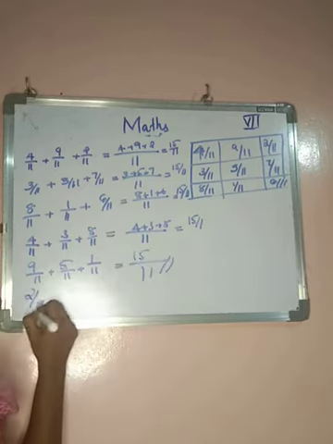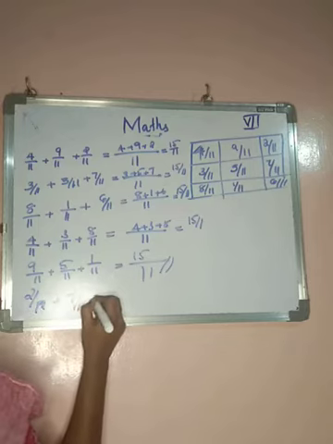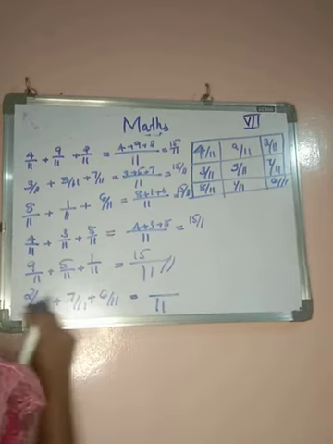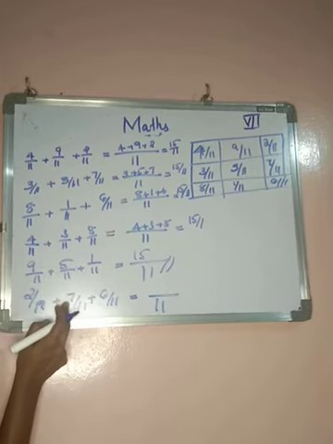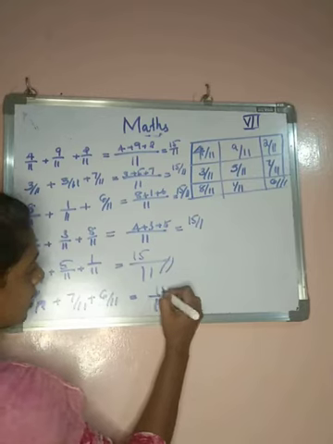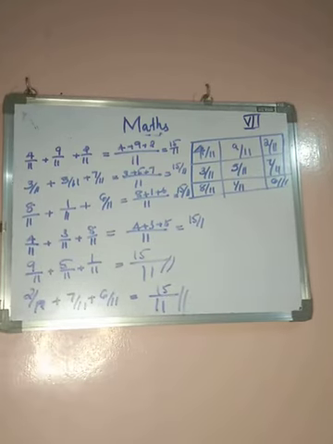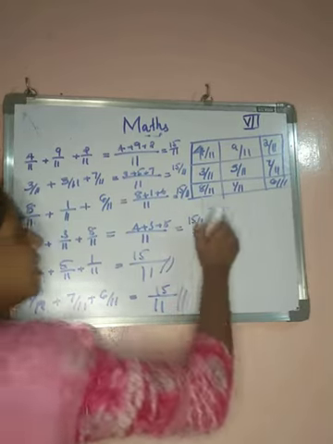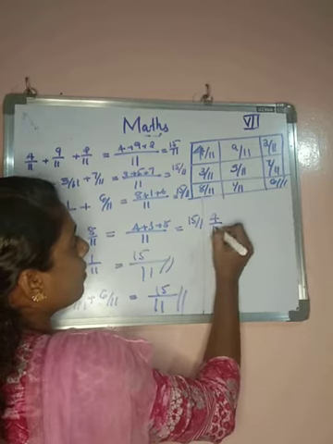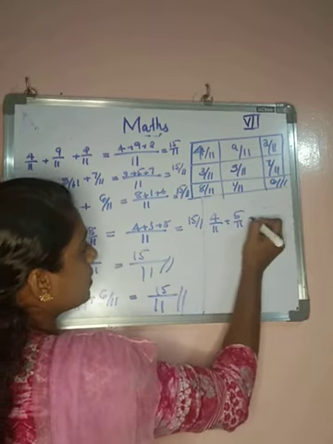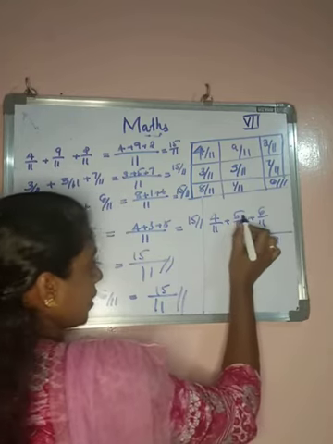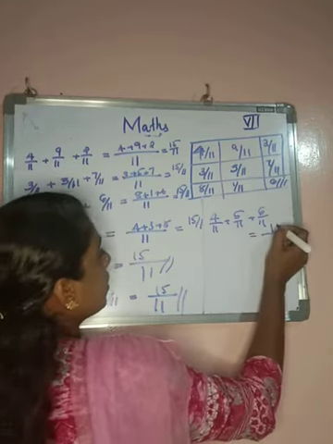2 by 11 plus 7 by 11 plus 6 by 11. We get the answer 2 plus 7, 9, 9 plus 6, 15 by 11. Each row and each column gives the same answer. Now the sum of the diagonals. 4 by 11 plus 5 by 11 plus 6 by 11 is equal to 9 plus 6, 15.